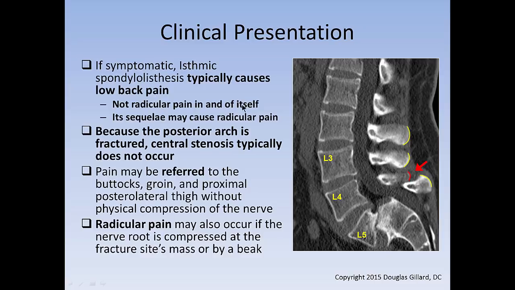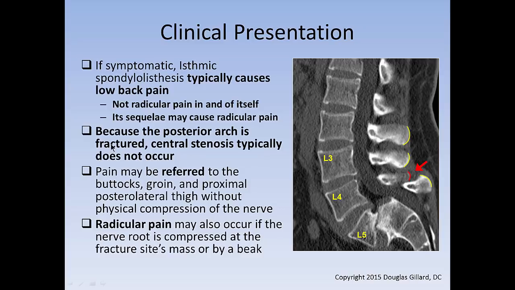Not radicular pain in and of itself, unless there's a beak, or unless the slip is so bad that it's compressing the nerve roots. But again, the spondylolysis or spondylolisthesis itself, the fracture site, doesn't cause radicular pain. It's a sequelae. What's a sequelae? That's the outcome that causes it.